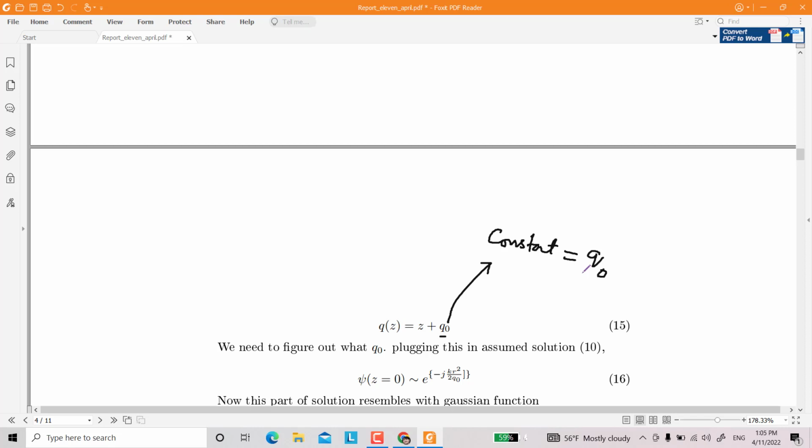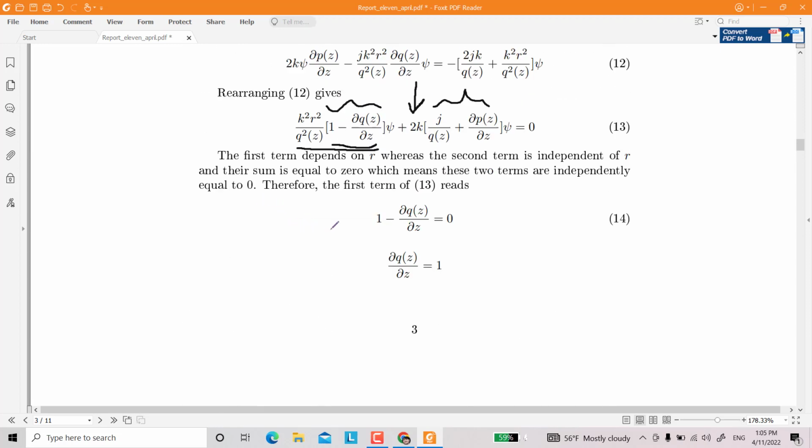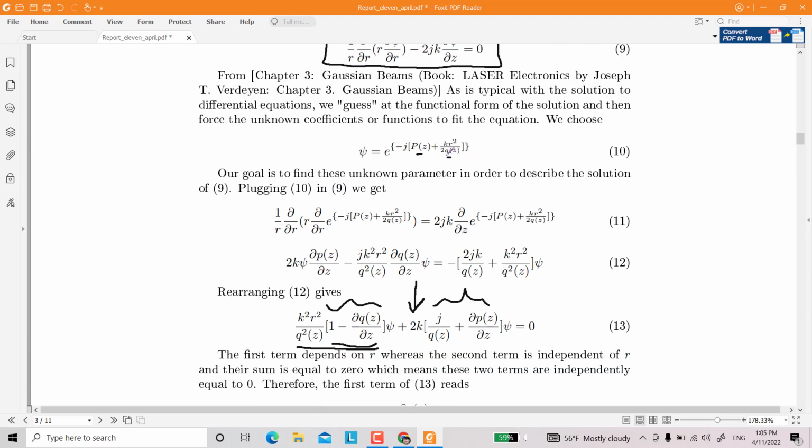Fine. So what we do next is we plug in this q of z and set the initial condition that at z equal to 0, q of 0 is equal to q naught. And we put this in the guess solution part, which contains this term kr squared over 2q of z.